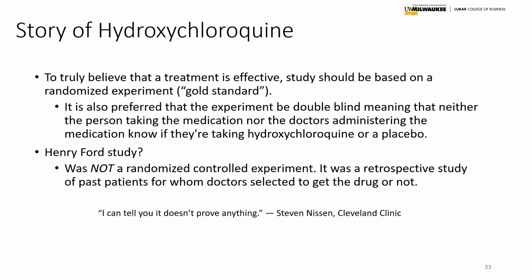What about the Henry Ford study? It was not a randomized controlled experiment. It was a retrospective study of past patients for whom doctors selected to get the drug or not. You can see all the built-in biases that are happening here. In fact, a doctor at Cleveland Clinic stated, "I can tell you it doesn't prove anything."